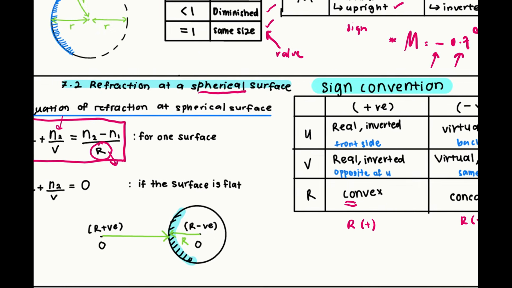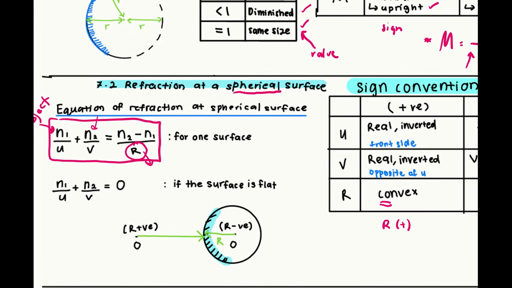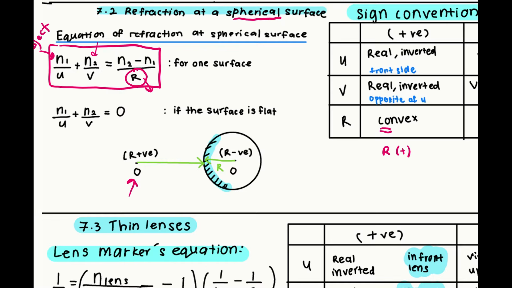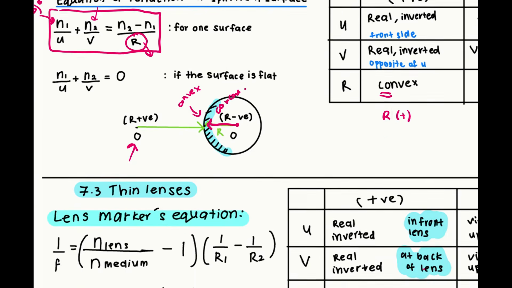So it depends on where your object is. Concave or convex is determined from the object's point of view. For example, if the object is at this position, it is a convex surface. But if the object is at this position, from the object's point of view, this is a concave surface. So that is 7.2.